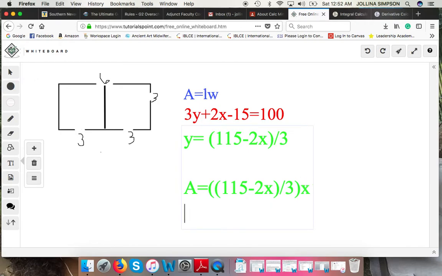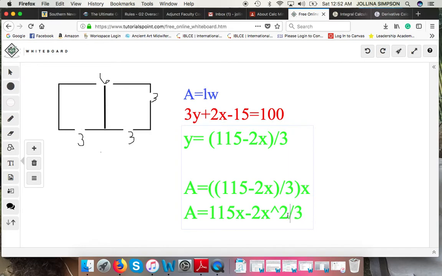So what that gives us, of course, is A equals 115x minus 2x squared, all over 3.